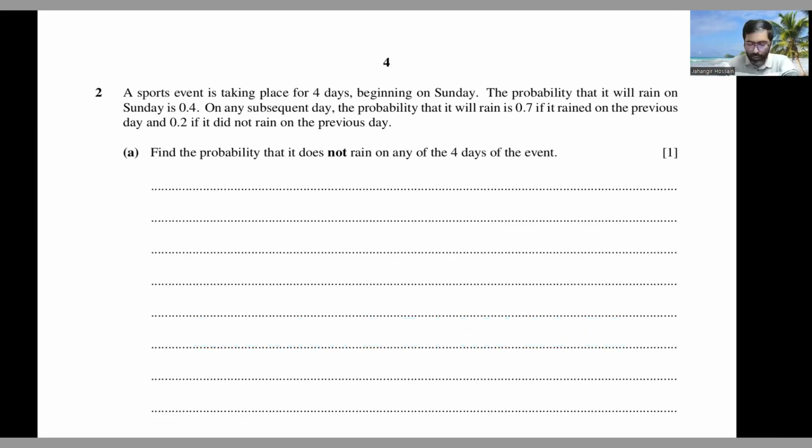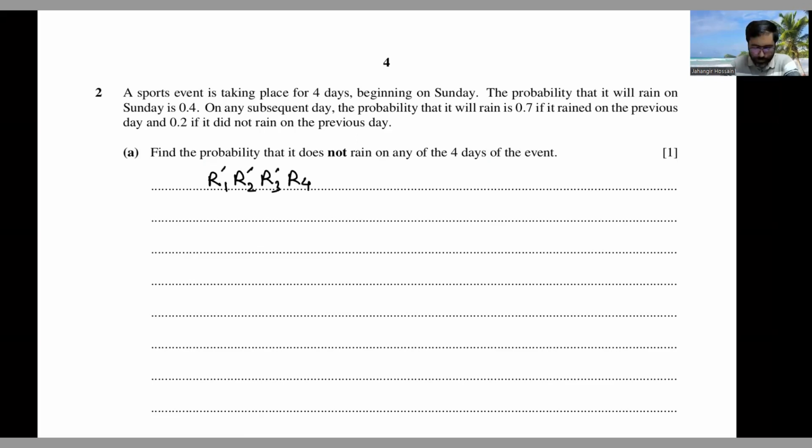Find the probability that it does not rain on any of the 4 days of the event. So, not rain on the first day, not rain on the second day, not rain on the third day, not rain on the fourth day.